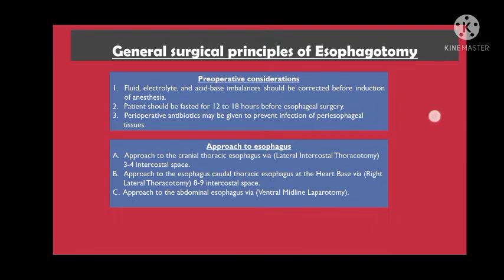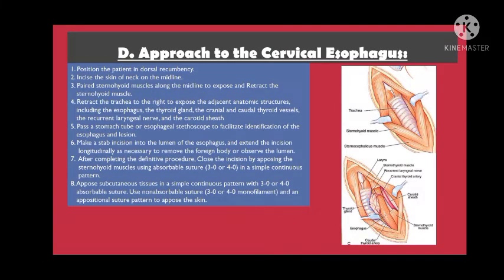Now, the approach to the cervical esophagus. Position the patient in dorsal recumbency and incise the skin of the neck on the midline. Separate the paired sternohyoid muscles along the midline and retract them to expose the trachea.